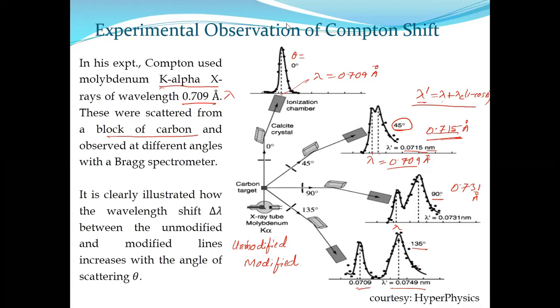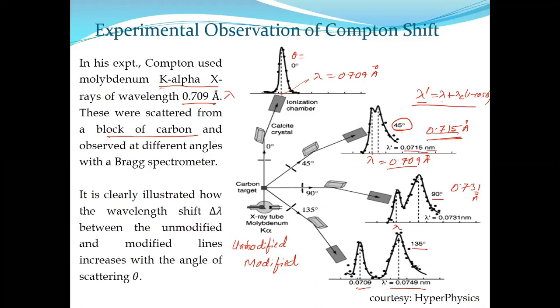The point is, in the derivation, we have assumed that the X-ray is interacting with a single electron. Now think practically. Can you extract a single electron from carbon and place it in front of a light beam?